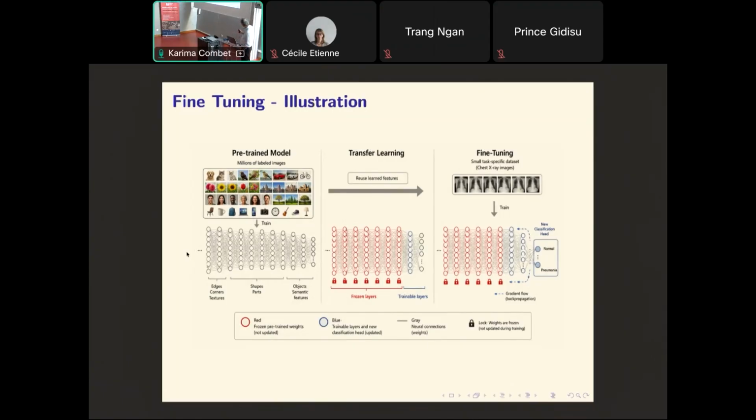Then you freeze some layers that you think are general enough, features that could be shared across all the tasks. Then you take the labeled samples from your target task, for example producing some X-ray images, and you refine the parameters of the last layers that are specific to the task, and you adapt the classification here.